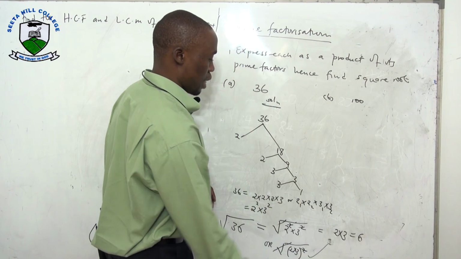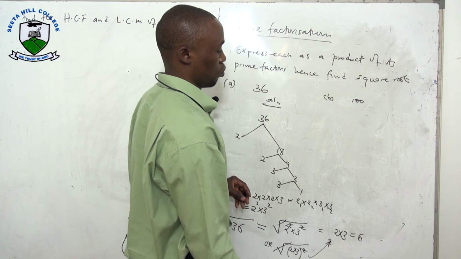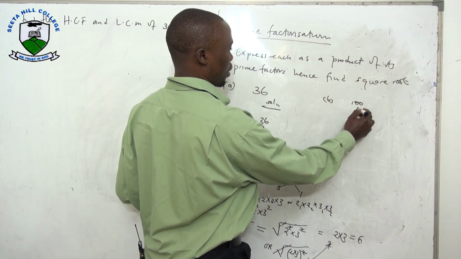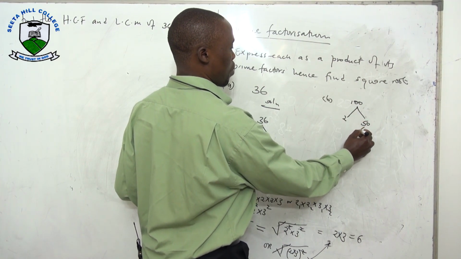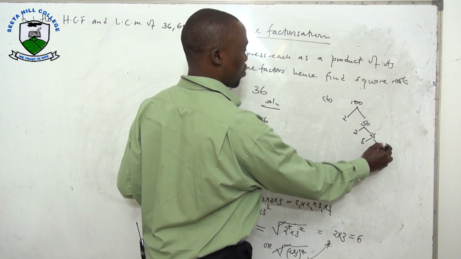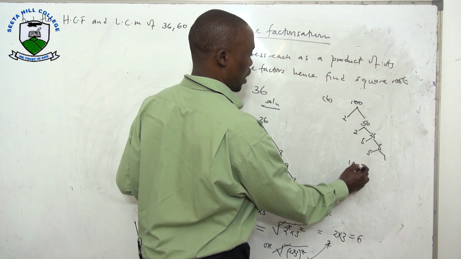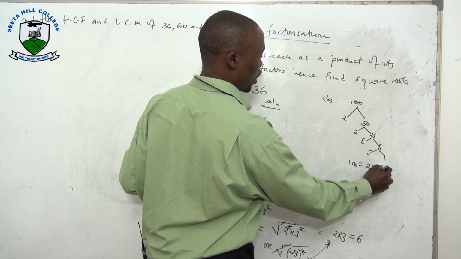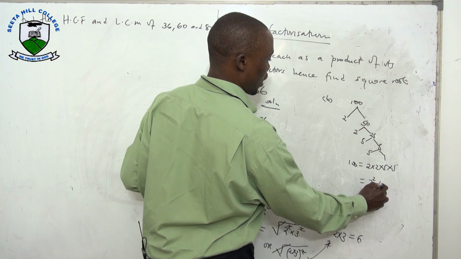Okay, that's right. Now, the square root of 100. 100 divided by 2 is 50, divided by 2 is 25, divided by 5 is 5, divided by 5 is 1. That means 100 is 2 times 2 times 5 times 5, giving us 2 squared times 5 squared.